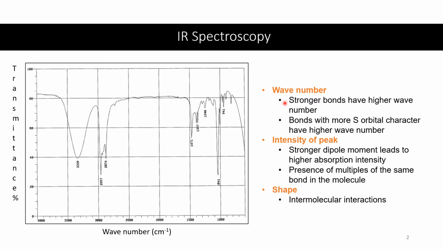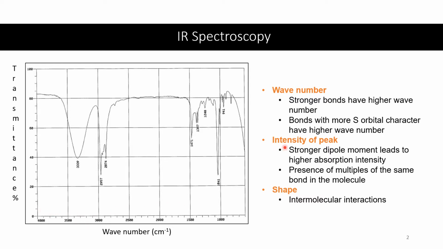For wave number, we learned that stronger bonds would have a higher wave number. So triple bonds are stronger than double bonds, which are stronger than single bonds. Those kind of bonds would appear towards the higher end of the x-axis.